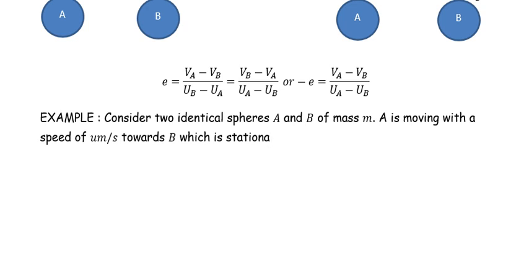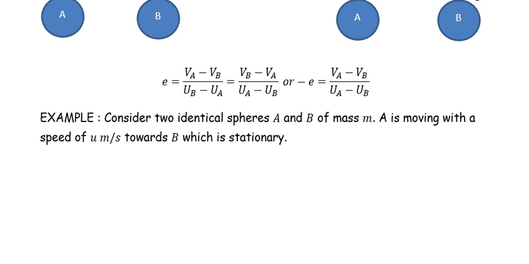So initially the speed of A is u meters per second. The direction is towards B, so the velocity still remains positive. But if I give you that the speed is u meters per second away from B, then your velocity will be negative u because the direction is pointing to the left. All right, so B is stationary.